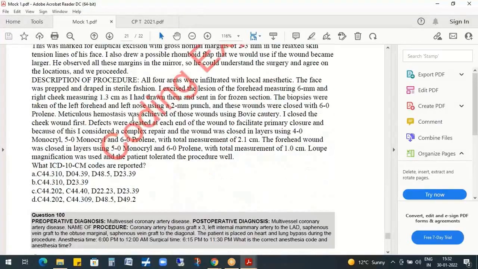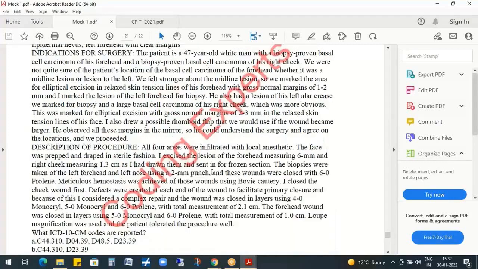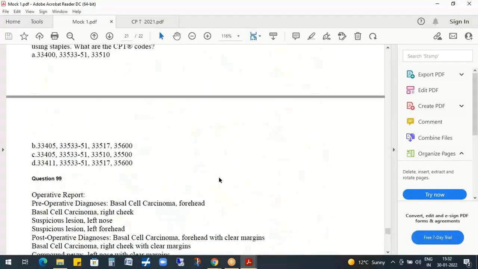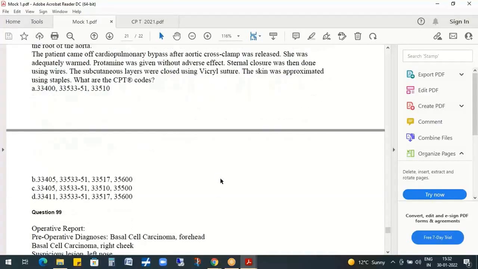Then 99 also is just diagnosis related. I hope you coded properly. You need to find out whether it's a benign lesion or a malignant lesion. Malignant, sir. Okay, then you can code right. No issues with that.